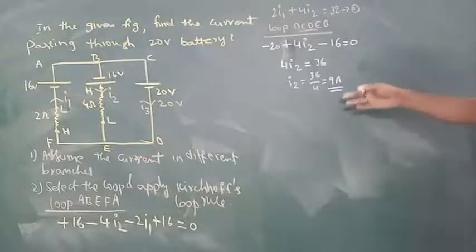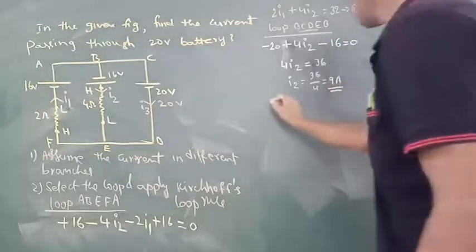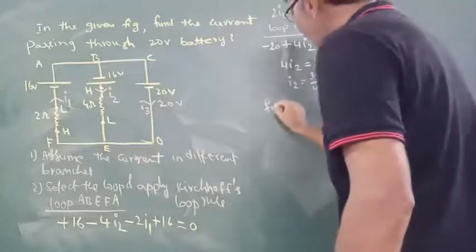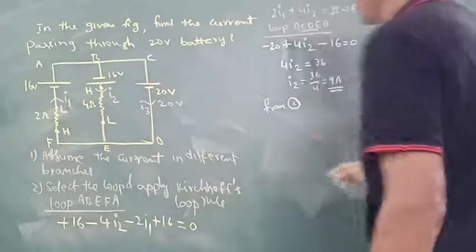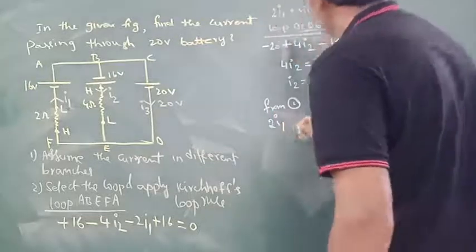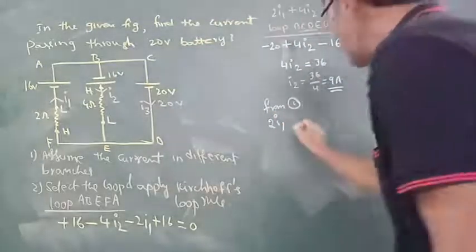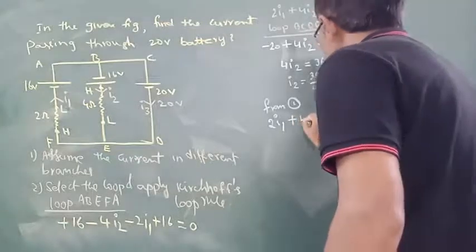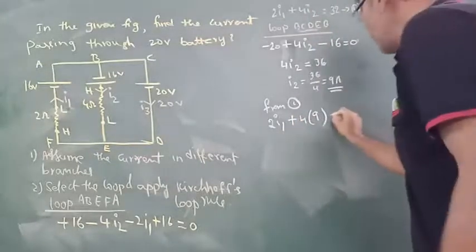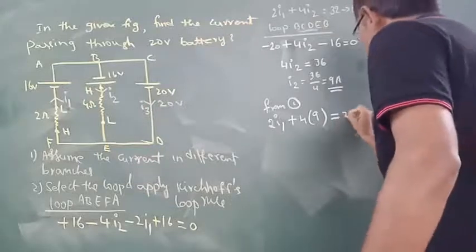Now substitute this I2 value here. So from equation 1, 2I1 plus 4I2, plus 4 into 9, since I2 is found to be 9, is equal to 32.